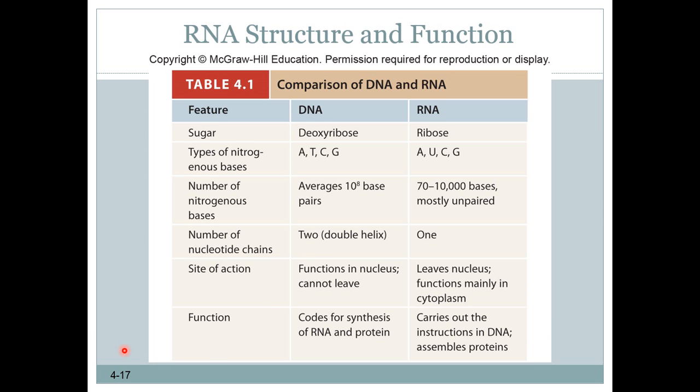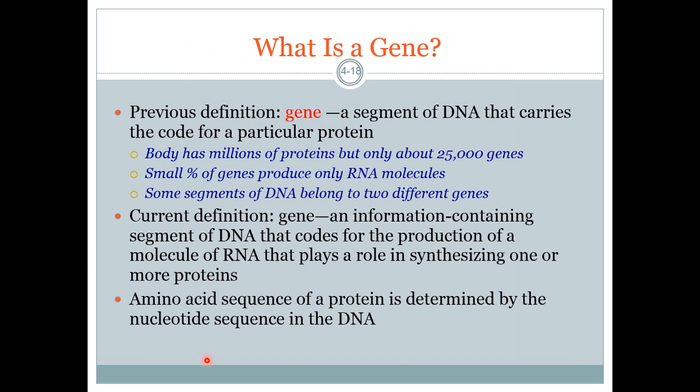Alright, so let's look at a gene. What is a gene? A gene, by our previous definition, is a segment of DNA that carries the code for a particular protein.